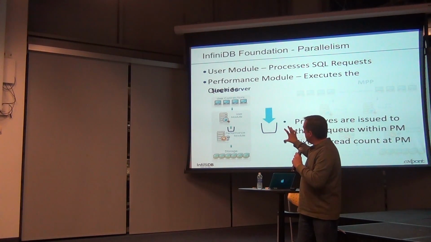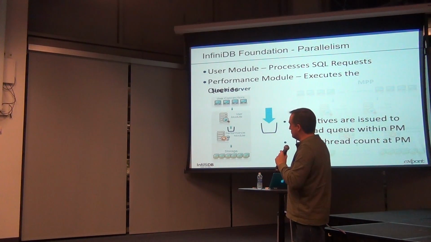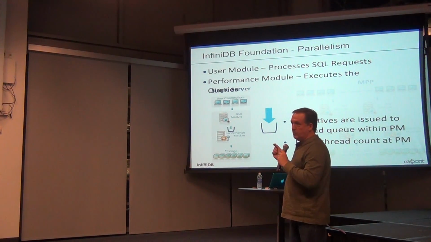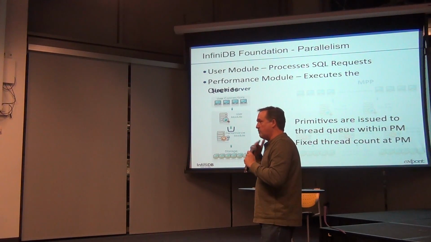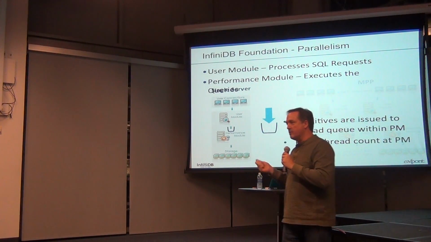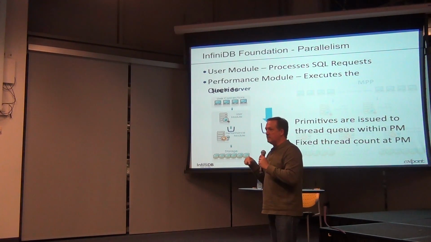So we talk about the user logic and performance model, which is basically a distribution of work. There's a queue in front of the performance model that picks up the next job, the next unit of operation, and operates on the next one off that queue. The threads themselves aren't dedicated to a given job; they just react to the next job that comes up.